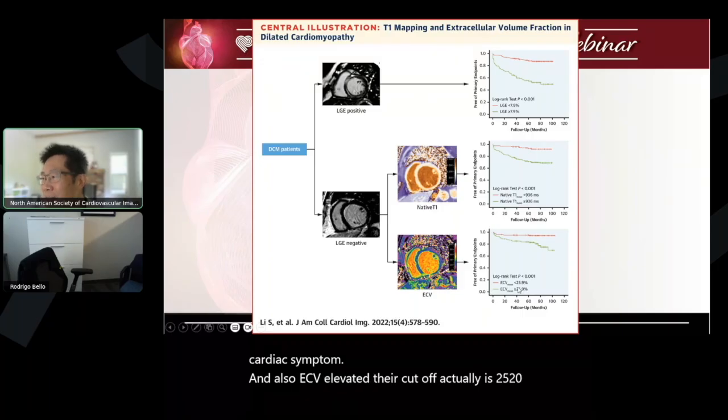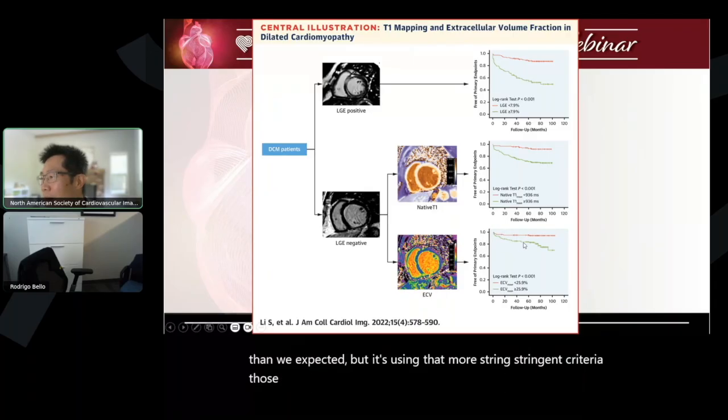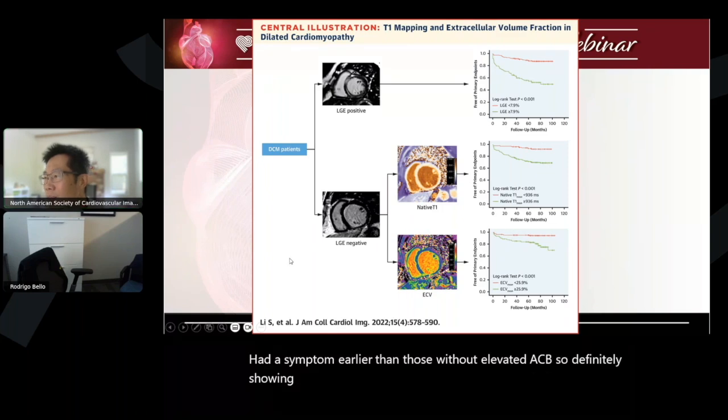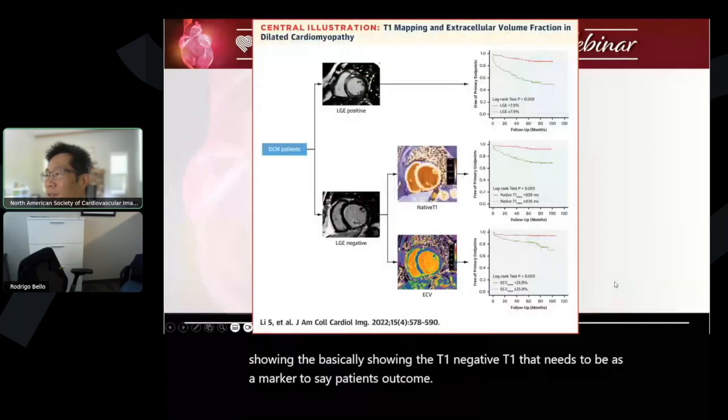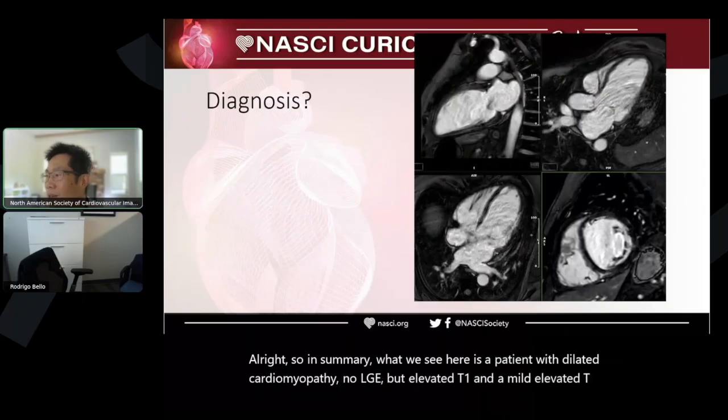It's slightly lower than we expected, but they're using that more stringent criterion. Those patients had symptoms earlier than those without elevated ECV. So it definitely shows that T1, LGE-negative T1, and ECV are markers of patient outcome. All right, so in summary, what we see here is a patient with dilated cardiomyopathy, no LGE, but elevated T1 and a mildly elevated T2.